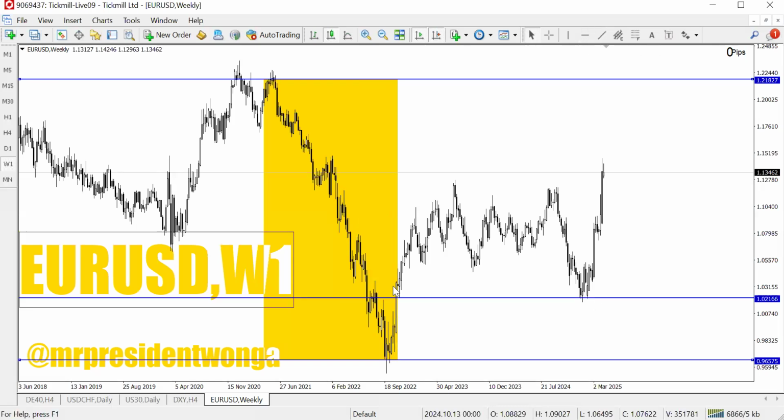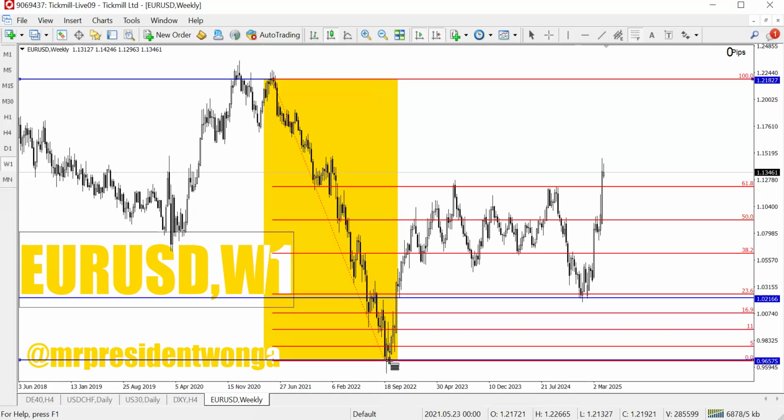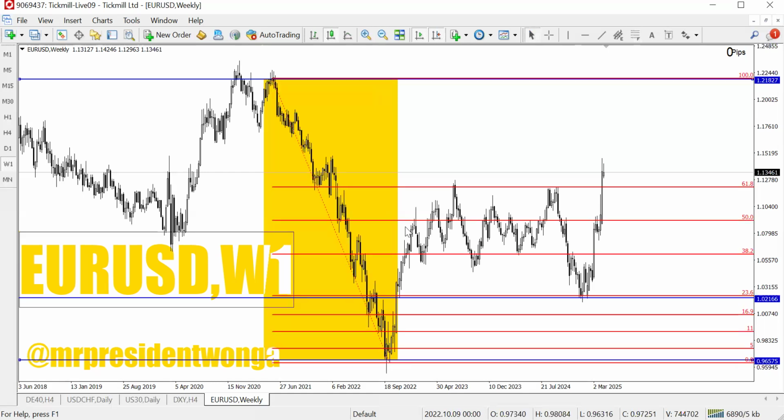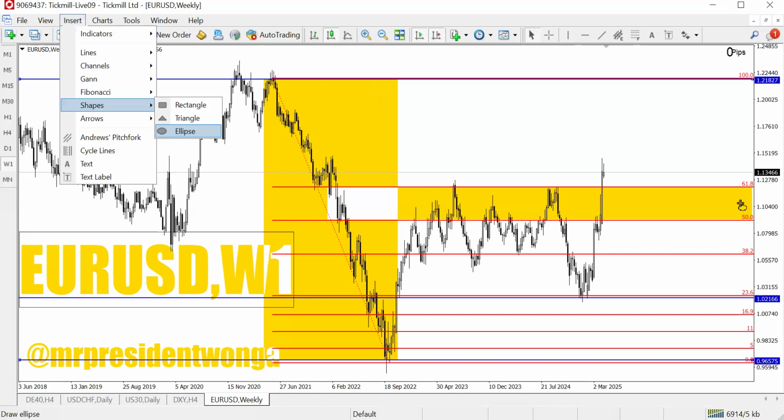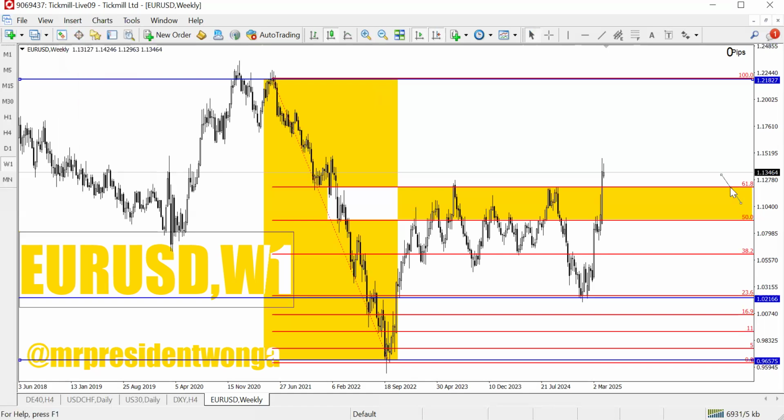You can see that the Fibonacci we take from the high towards the low. Now the price is just above these levels, just above the 61.8. So it's just above these levels here that are critical.